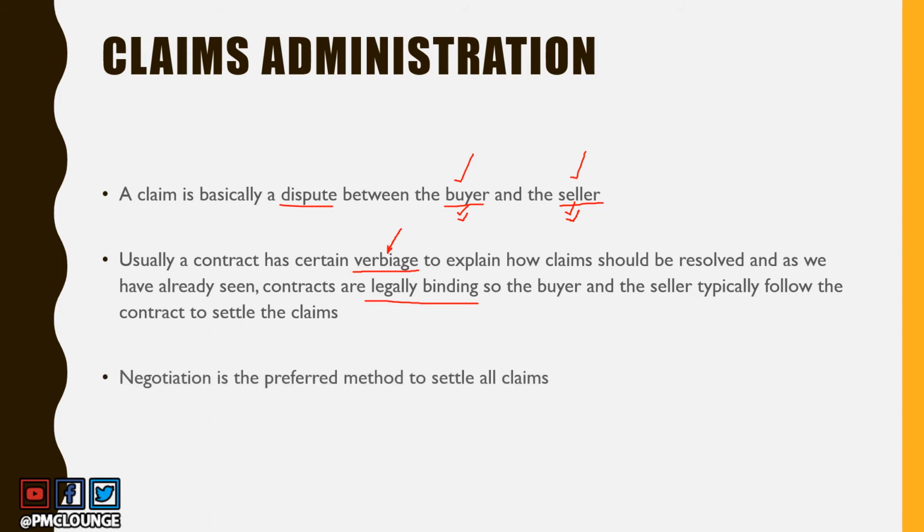So usually negotiation is the preferred method to settle all claims. You don't have to get third parties involved. You don't want to delay the project itself. So it's best to follow whatever agreed terms and conditions you have signed already with the seller through the contract. So follow them, and that's how claims can be settled.